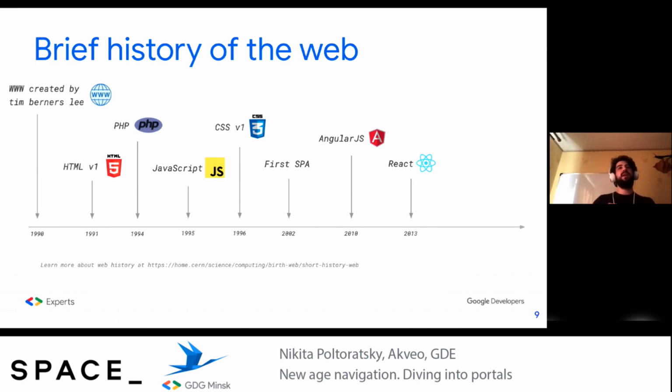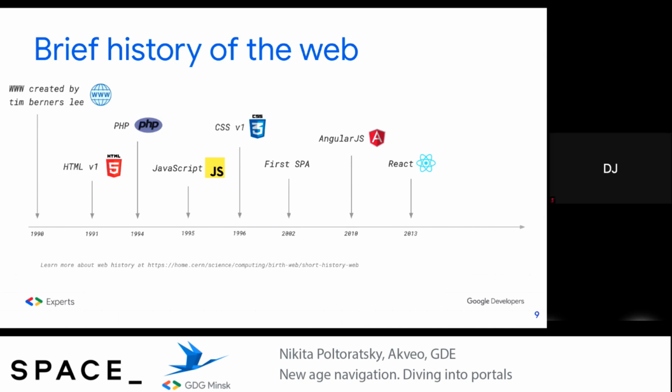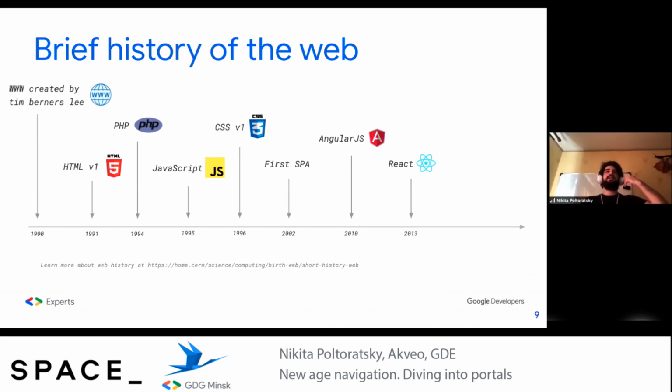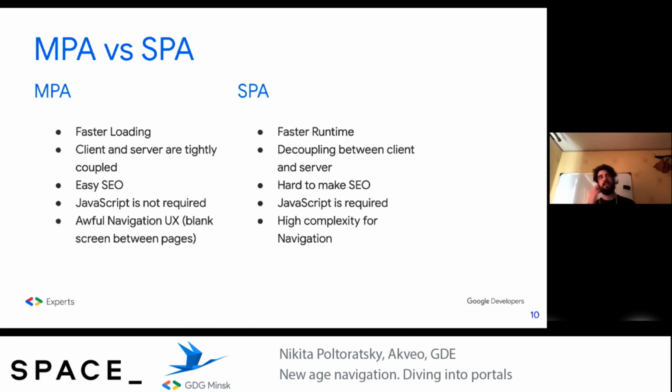As you can see here, first of all, people started to build multi-page applications. Then people started to build single-page applications. And the question is, what do we have now? Nowadays, multi-page applications didn't disappear. People are still building multi-page applications and single-page applications.